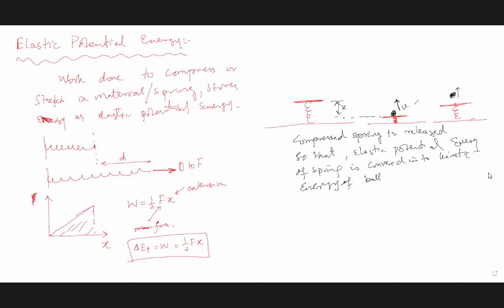If the ball has mass m, you can write half Fx equals half mv square.